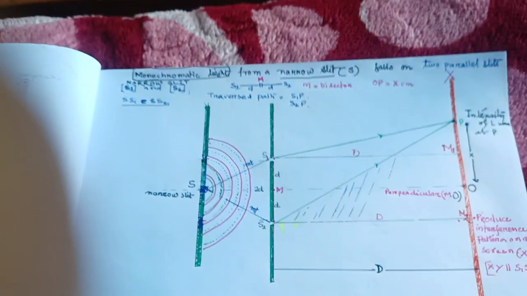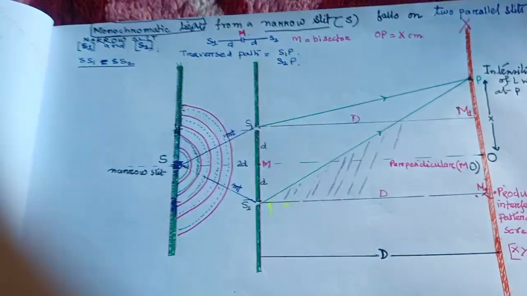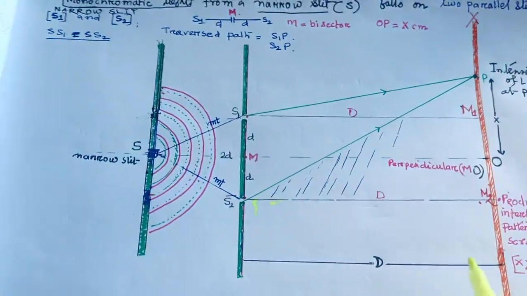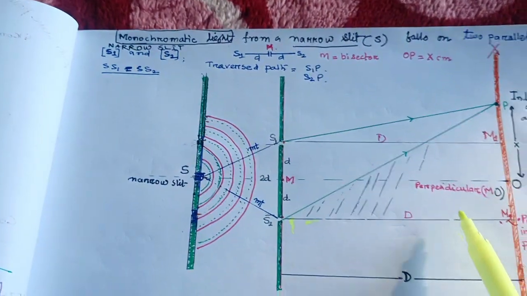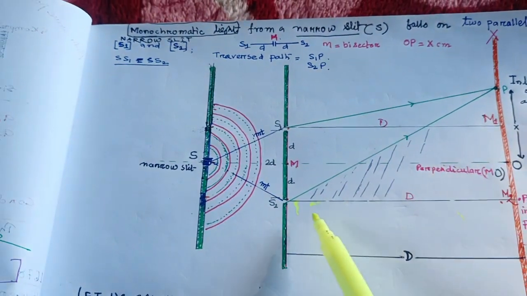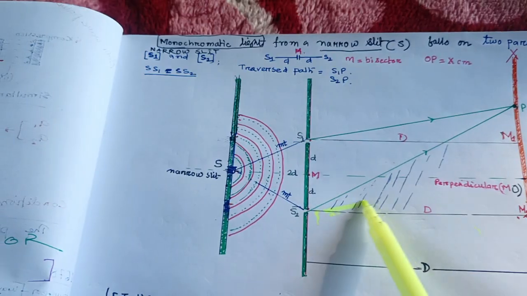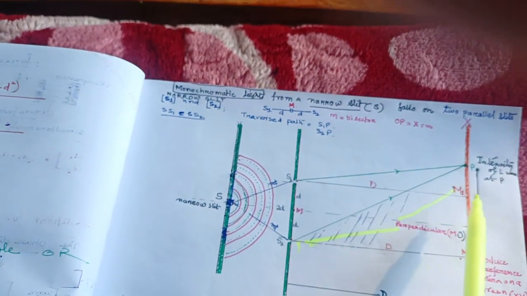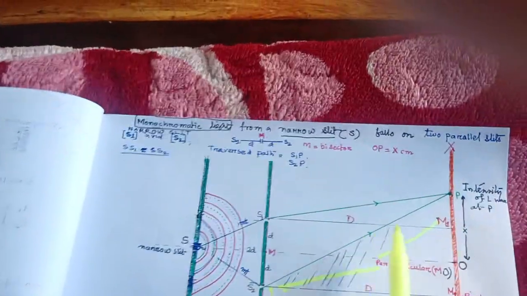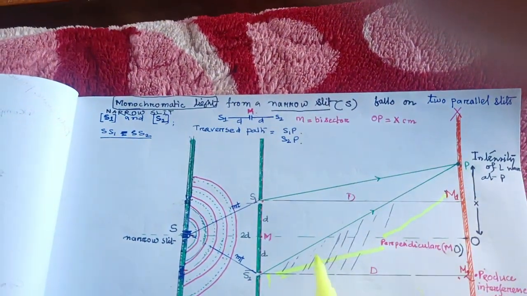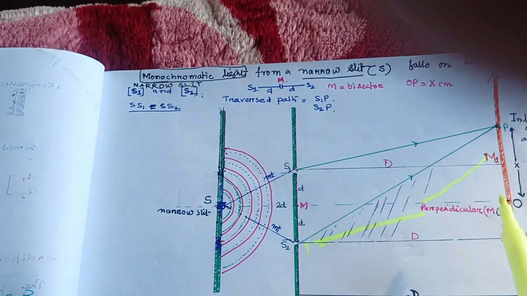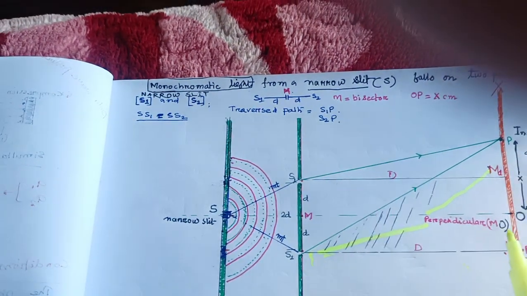So if you take this right angle triangle, which is here, you can see it is of S, and this is your M, P, S2, P and M1.